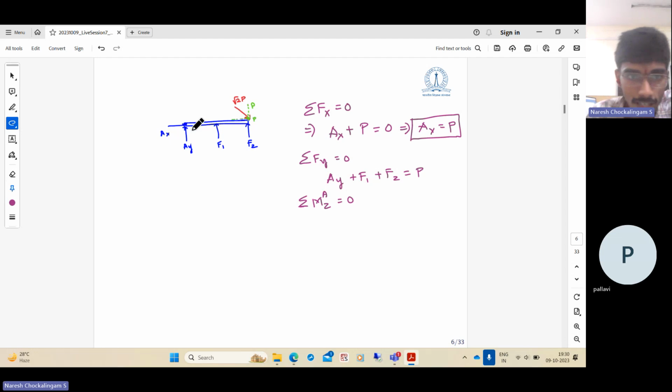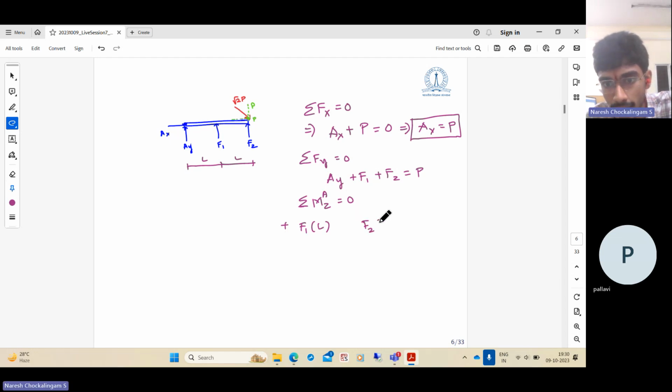The span here is L, and this is another L. So we have F1 acting at L, which produces a counterclockwise moment, so it's a plus, and F2 acting at 2L, that also produces a counterclockwise moment, so there is a plus, and this downward force produces a clockwise moment, so there's a minus P times 2L equal to 0.